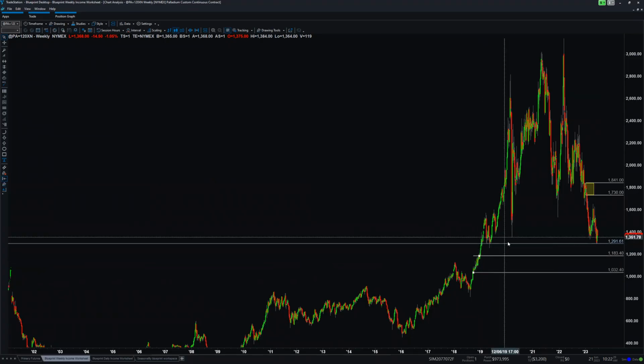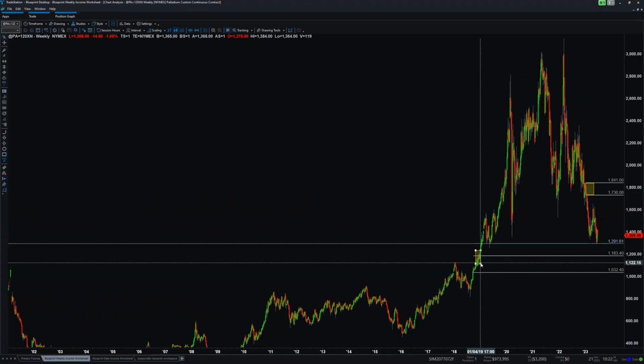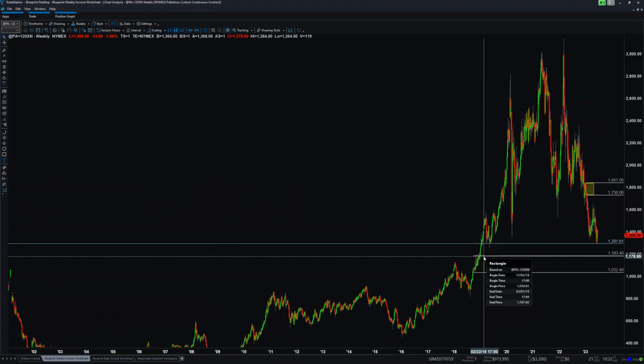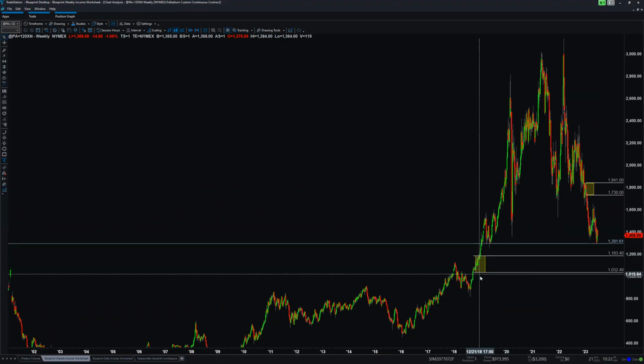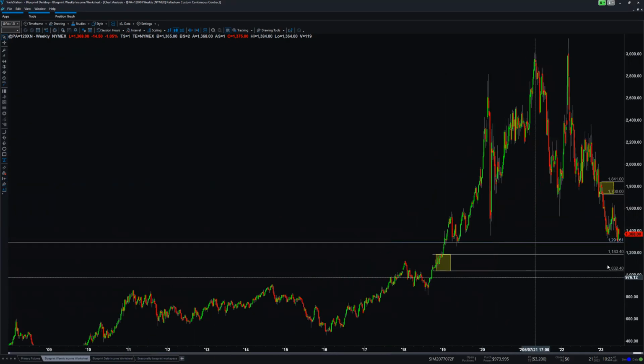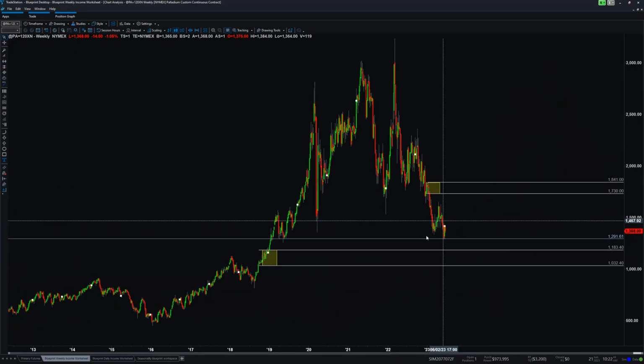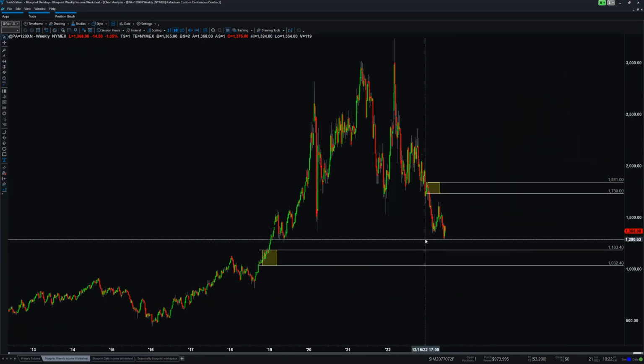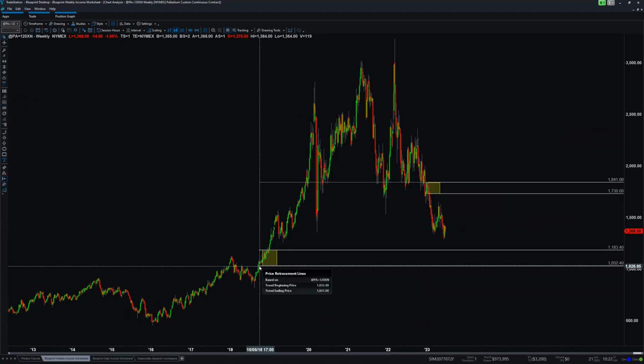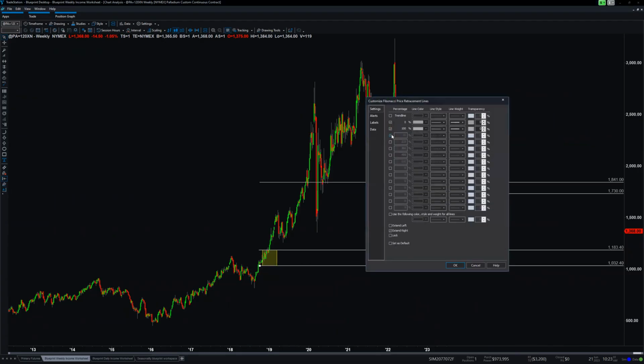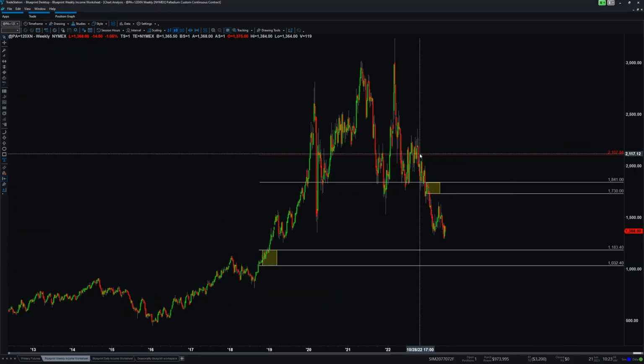Somewhere here I've got demand for sure. And it's a rally-based rally. So I also am not going to have major trap areas below. So distal to distal.